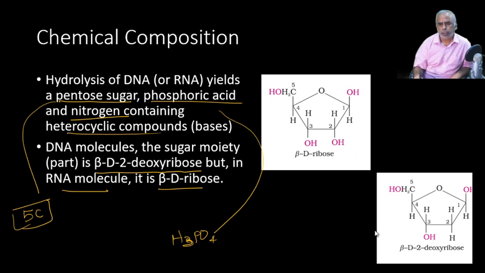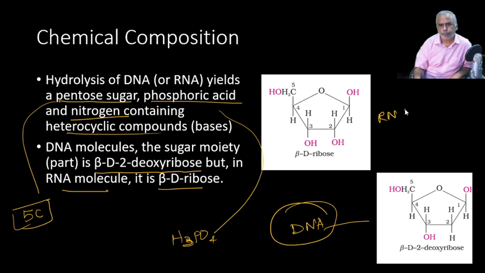So here in DNA you have this sugar part, and DNA molecules contain this sugar. And this one is present in RNA. Okay, so this is a sugar molecule. You can count, there are 5 carbon atoms, 1, 2, 3, 4, 5.